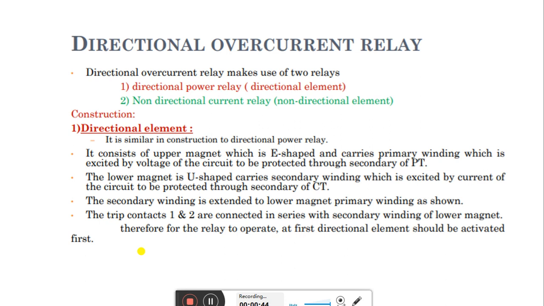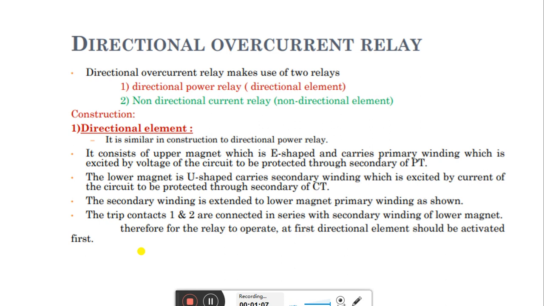However, in case of directional power relay, we have both the elements, that is the voltage element and the current element. So voltage element is supplied by the potential transformer and the current element is supplied by the current transformer.